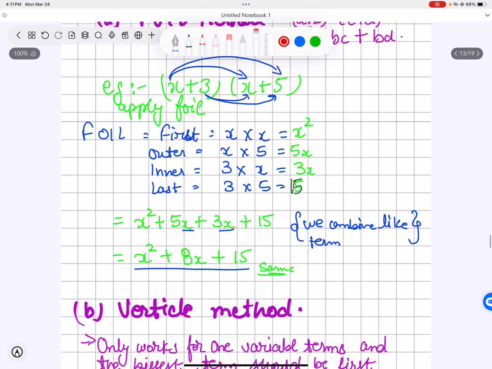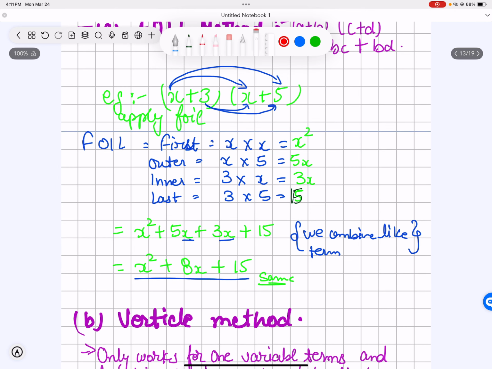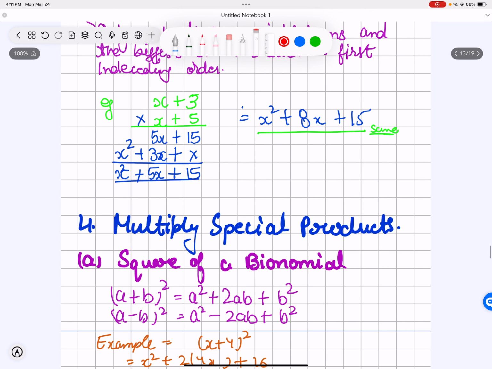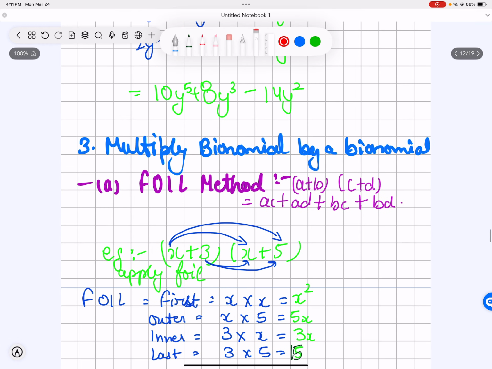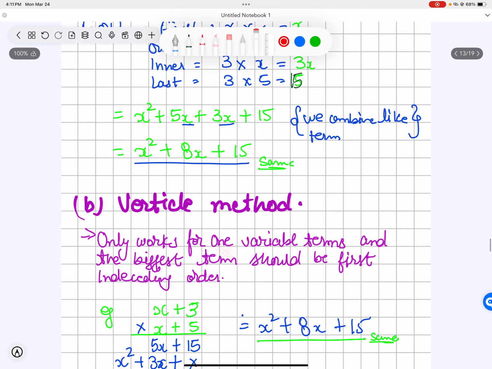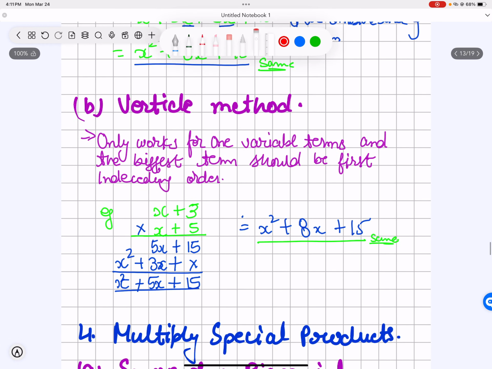So here we had x plus 3 and x plus 5. We're gonna multiply x plus 3 into x plus 5, and then we're gonna use a vertical method, like how we were used to doing it when we were children. We're gonna write them vertically, and then we're gonna multiply.